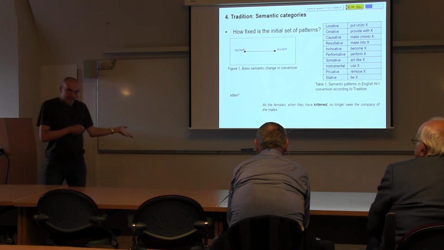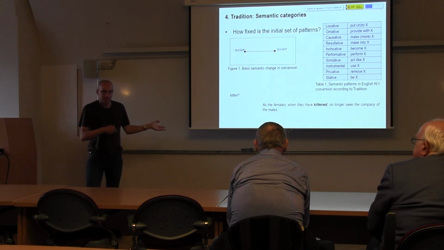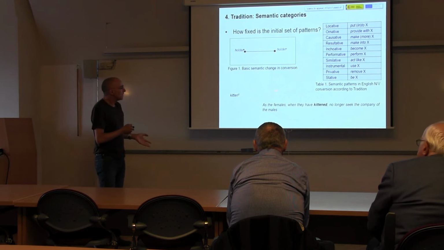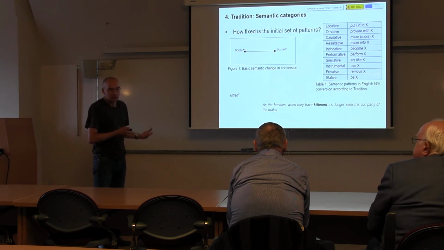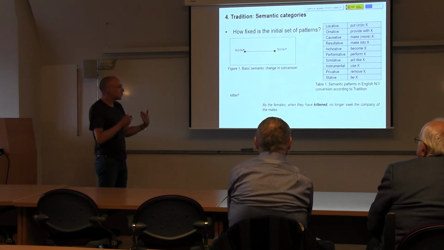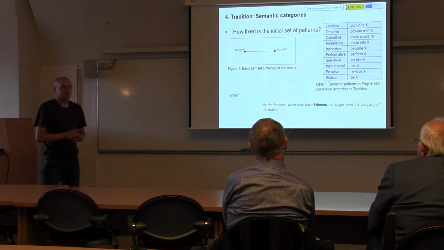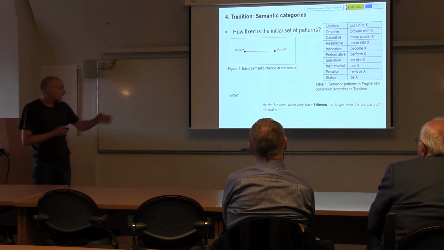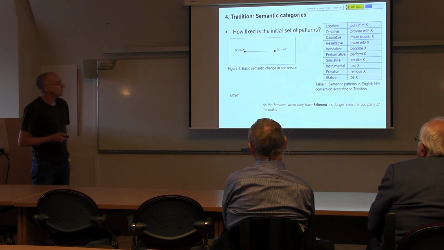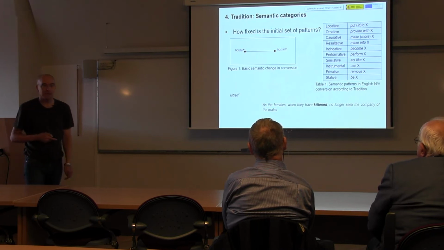So I find these examples in my sample, and I am supposed to explain the semantic change, the contrast in the categorical meaning between noun and verb in terms of these categories, but I find it very difficult. If any, for the case of kitten, I don't know. I couldn't relate this to any of these patterns.